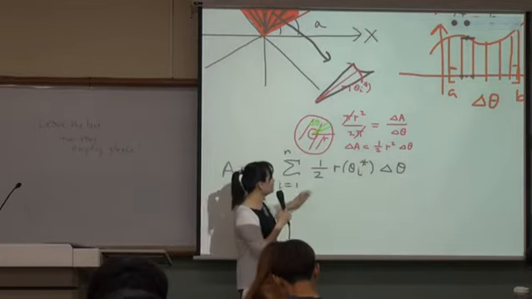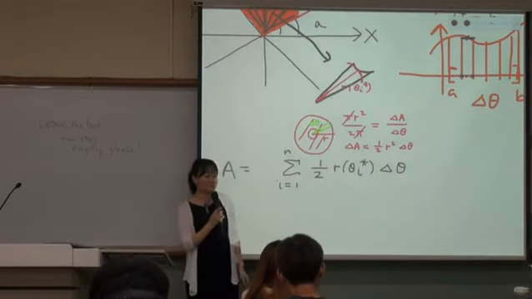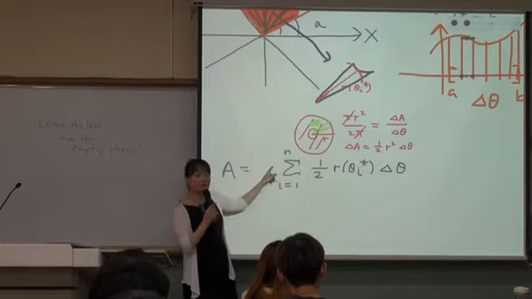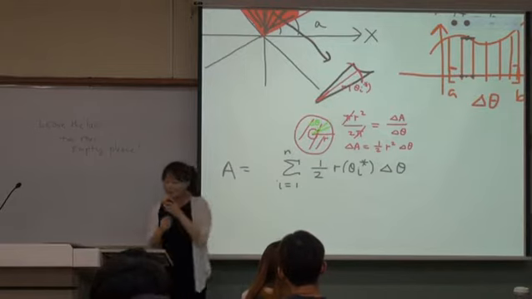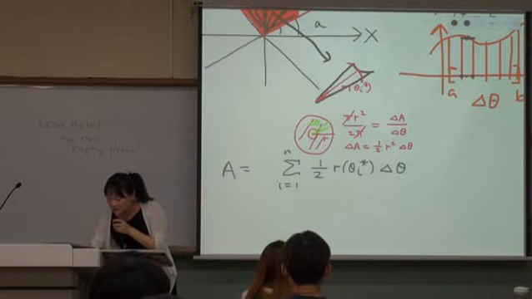And then how can I make this precise? Take the limit as n approaches infinity. Look at more subsections, right? Then we can make it more precise. So this is the limit as n approaches infinity.